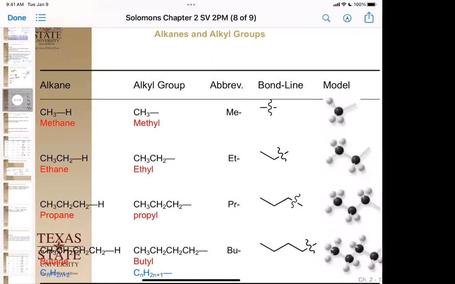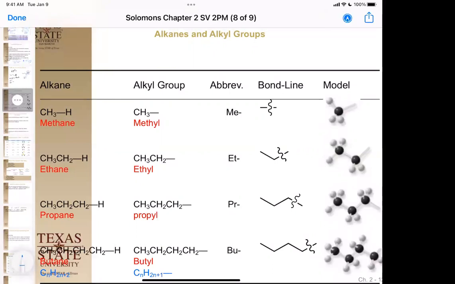If we want to use that chain as a substituent, or basically something we don't care about when we only care about the functional group, we want to change the name to have the YL in it: methyl, ethyl, propyl. That's telling you that that alkane chain is a substituent on something bigger.